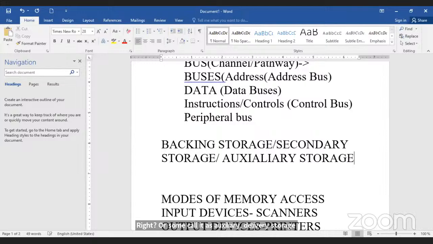Apart from RAM and ROM, we have this backing storage or secondary storage where data is saved, or stored permanently.